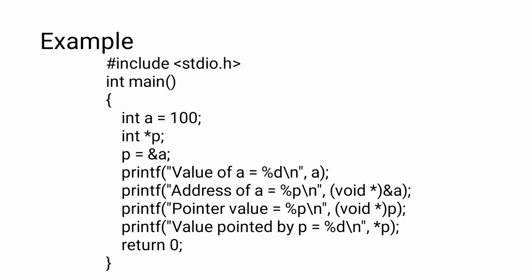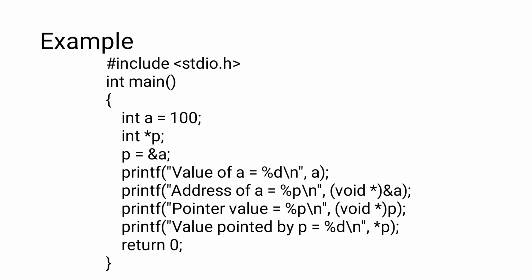Again, for printing the value, if I am using the star operator, that represents the dereference operator, which is used to access the value inside the location pointed to by the pointer. So here p points to, inside p we have 1000. The value stored at that 1000 will be displayed here.